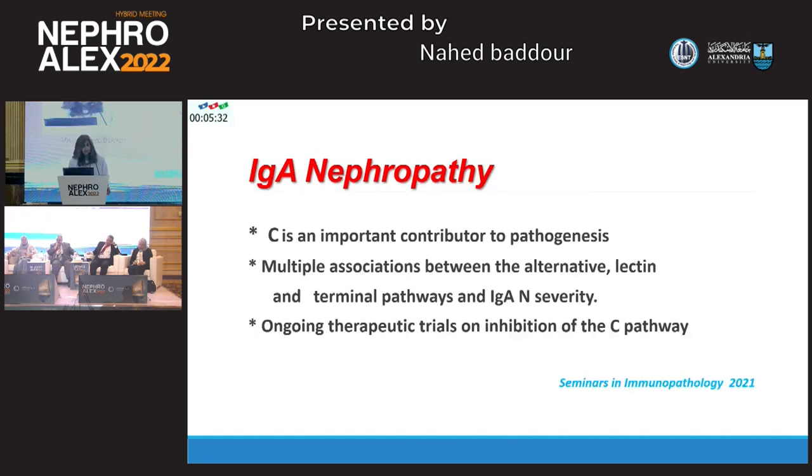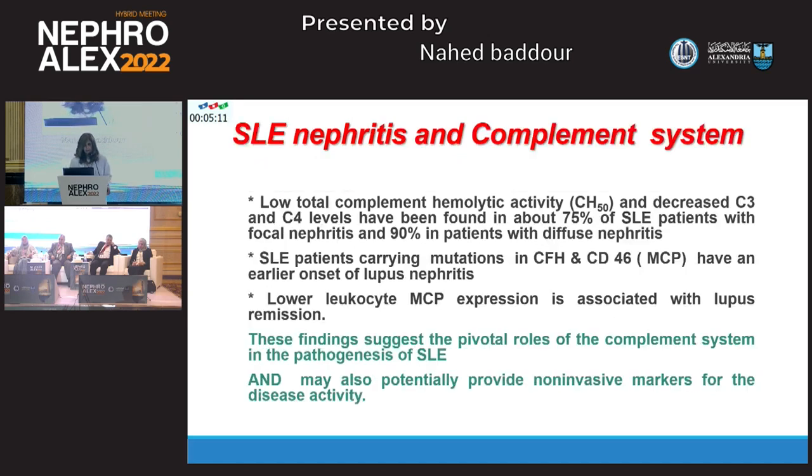IgA nephropathy is another disease in which complement is a very important factor in its pathogenesis. So there are multiple associations between the alternative, lectin and terminal pathways and IgA nephropathy severity. There are ongoing therapeutic trials for inhibition of the complement pathway for treatment of this disease.